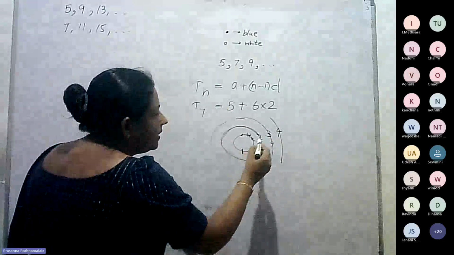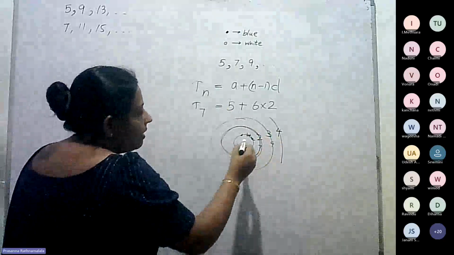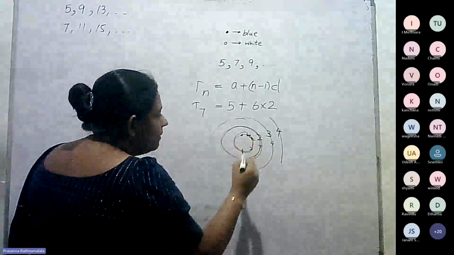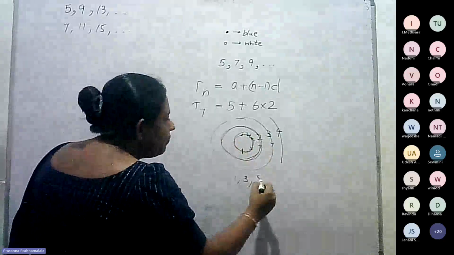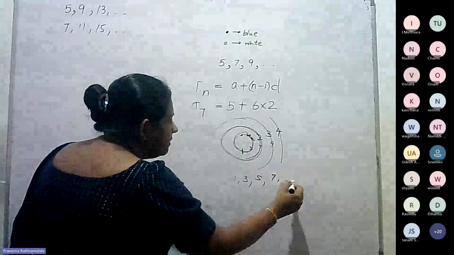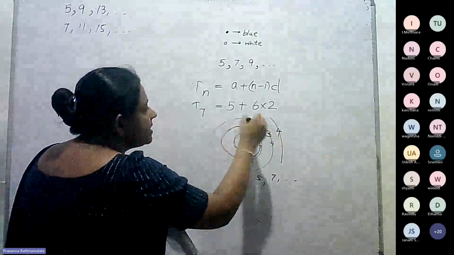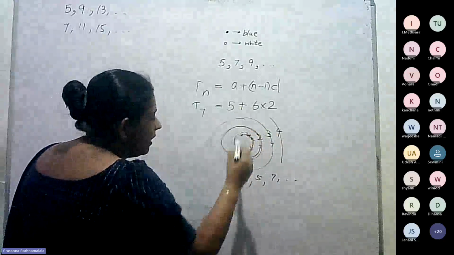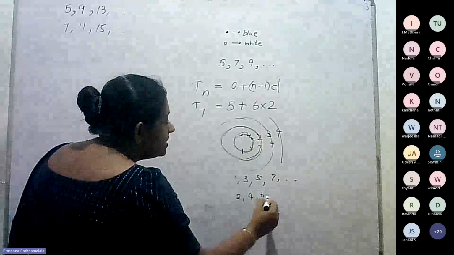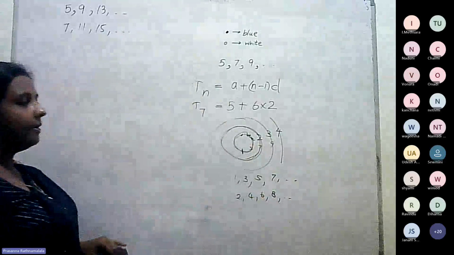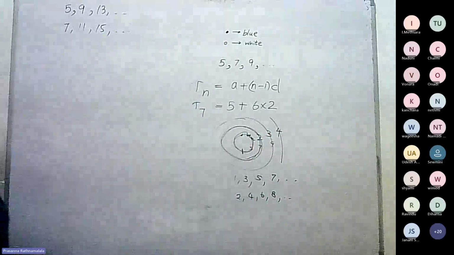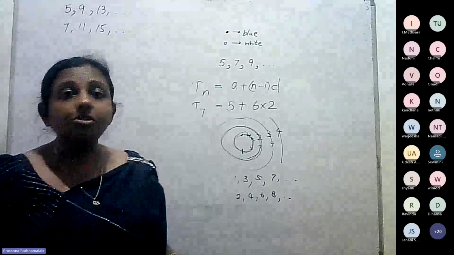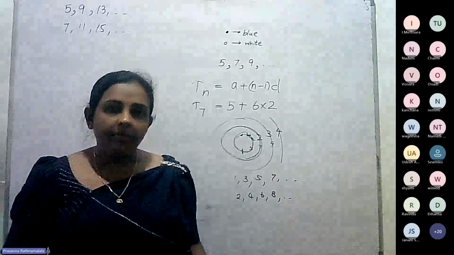So the pattern maintains odd numbers 1, 3, 5, 7 as blue, and even numbers 2, 4, 6, 8 as white. First you have to identify the difference of these two patterns.